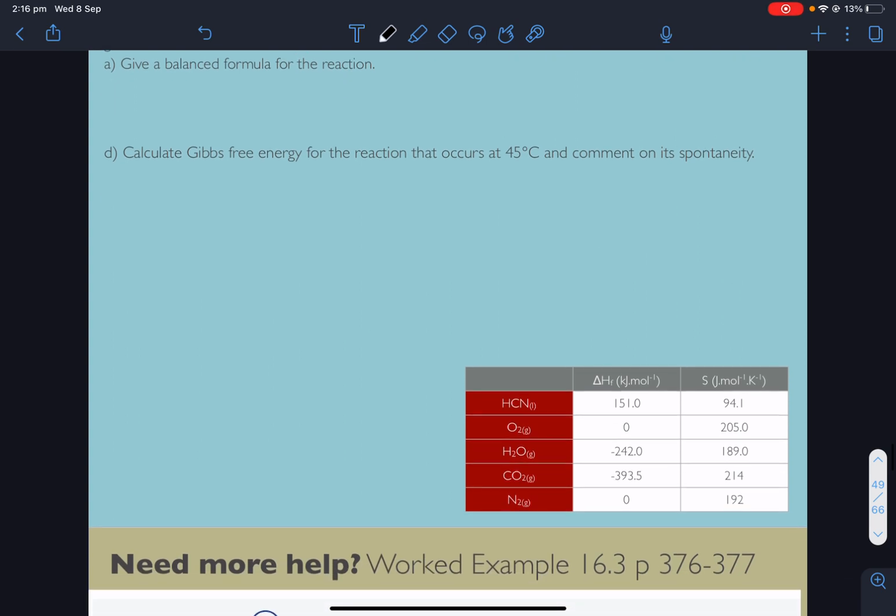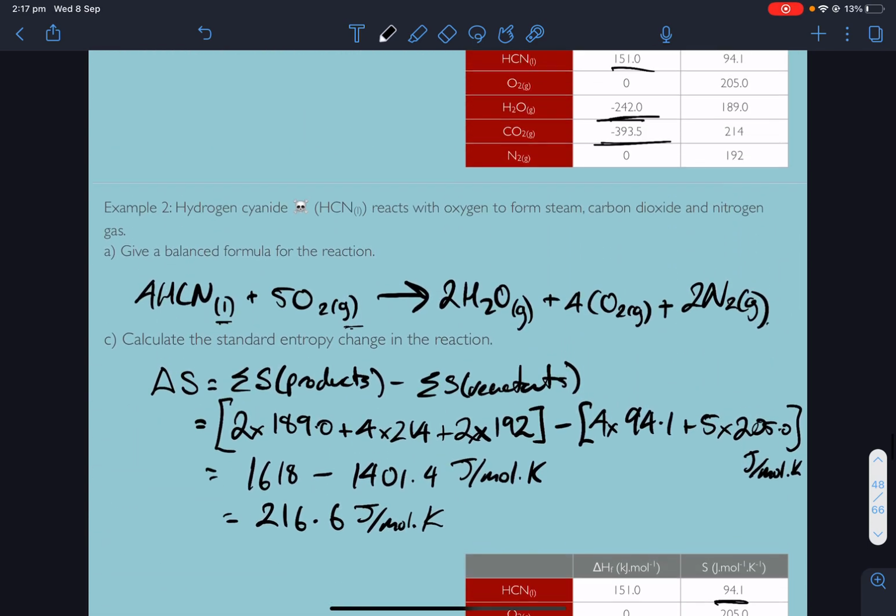But let's calculate Gibbs free energy at 45 degrees Celsius and comment on its spontaneity. So Gibbs free energy equals the change in enthalpy minus T times the change in entropy. What was our delta H?